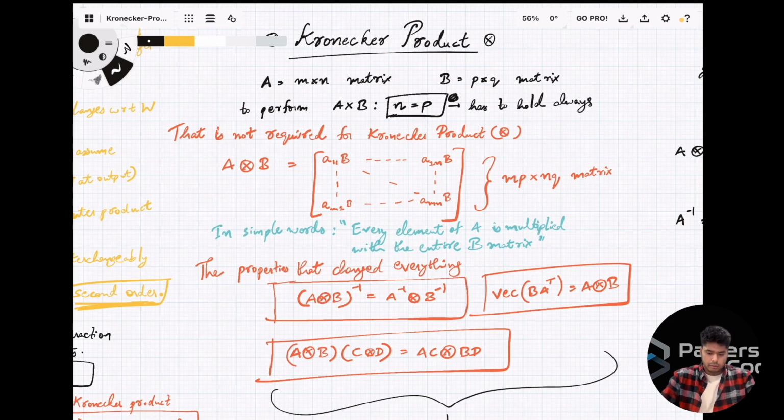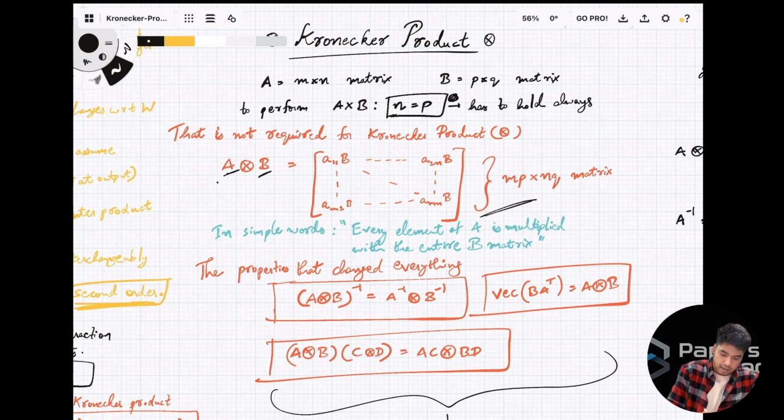So the basic definition of a Kronecker product is what you can see here. Every element of A will get multiplied with the entire matrix of B, and that's A Kronecker product B. That's the English definition. And what happens is you end up with a matrix that is MP cross NQ in dimensions.